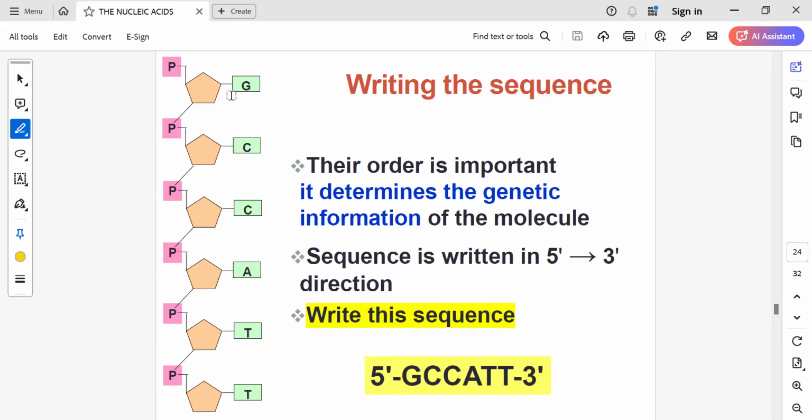So you start with G, C, C, A, T, T. It follows this direction, from 5' to 3'. That is how you write the sequences of nucleotides.